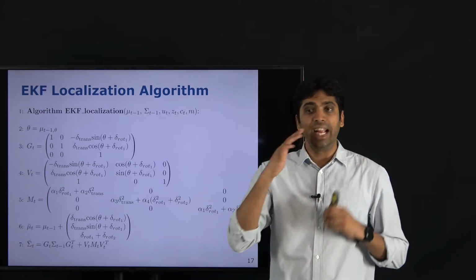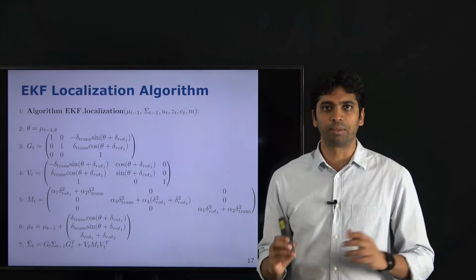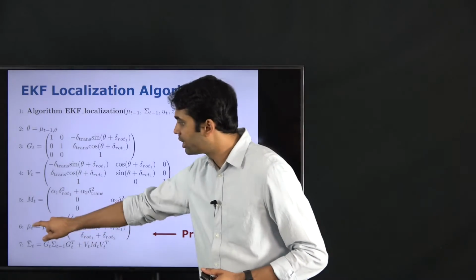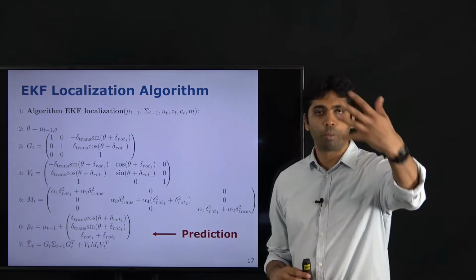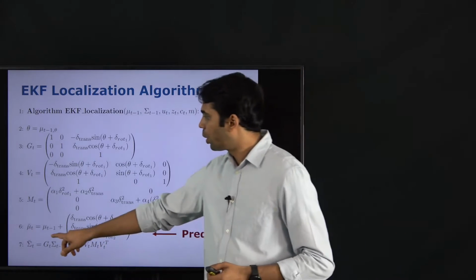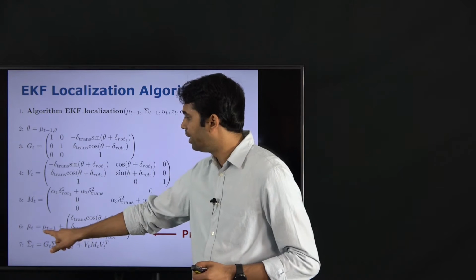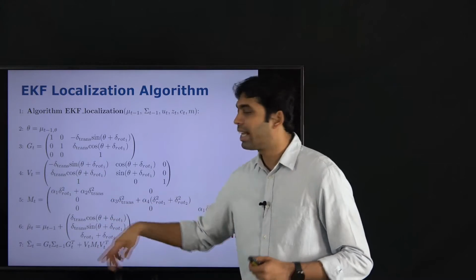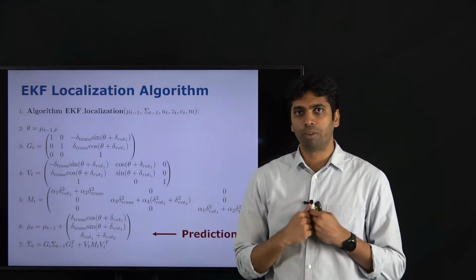Right, so it looks like a lot of equations, but basically it's just a substitution. What we can focus on here is steps number 6 and 7, which is where the propagation step is happening. We say that my mean estimate at time t is nothing but the mean estimate at time t minus 1 plus these equations, which are exactly the g, the nonlinear motion model that we saw before.